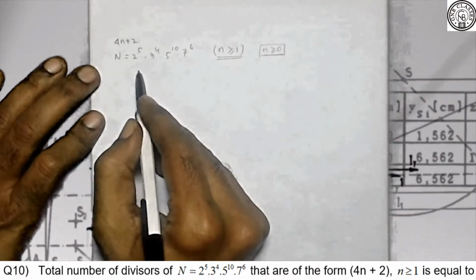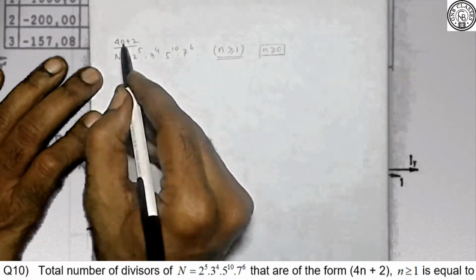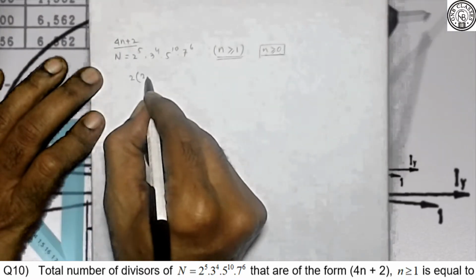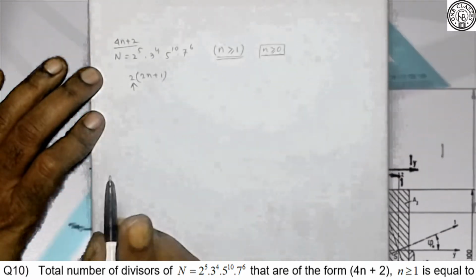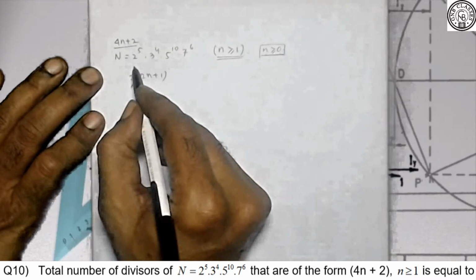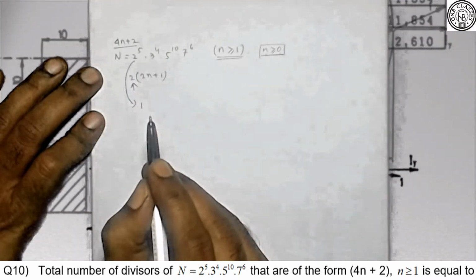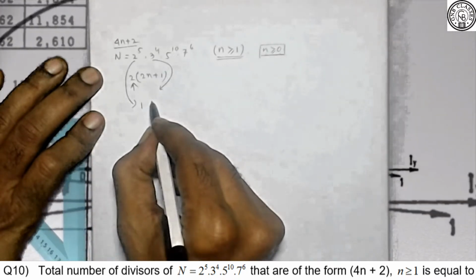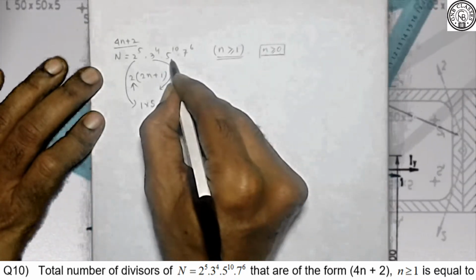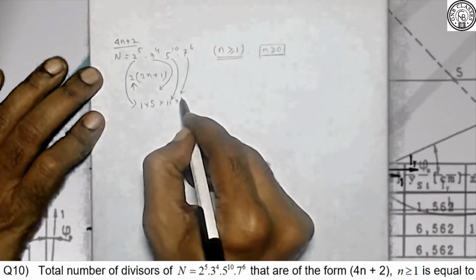So in that case, what will be the total number of divisors which are of the form 4n plus 2? Again, 4n plus 2 means 2 times (2n plus 1), so exactly one 2 should be present. From the first set, we will take only 2 to the power 1, so one element should come from that set. From the next set, 5 elements will come. From this, 11 elements will come. From this, 7 elements will come.